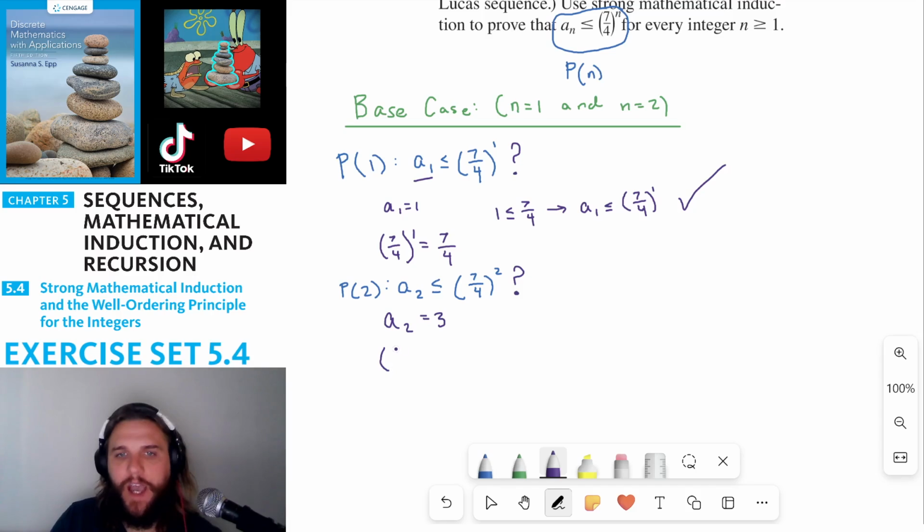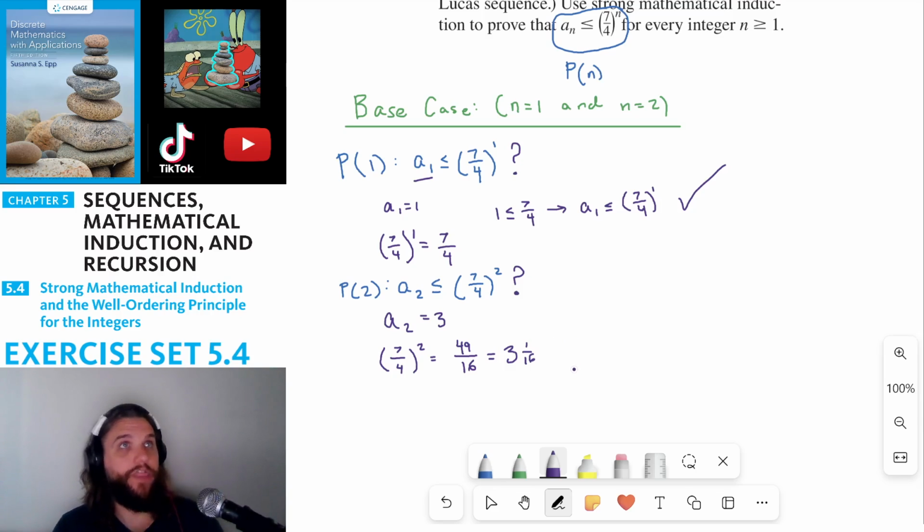On the right-hand side, we have (7/4) squared, which we can compute is 49/16, which written as a mixed fraction is 3 and 1/16. Written this way, we can see very clearly that 3 and 1/16 is larger than 3. And so that means that a sub 2 is less than or equal to (7/4) squared.